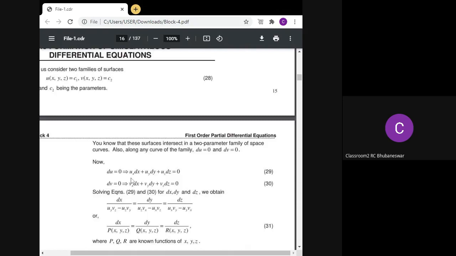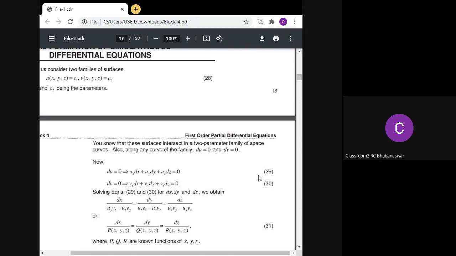As we know from the previous calculation, using the total differentiation process, we can write u_x dx plus u_y dy plus u_z dz equals 0. And dv equals 0, that means v_x dx plus v_y dy plus v_z dz equals 0.